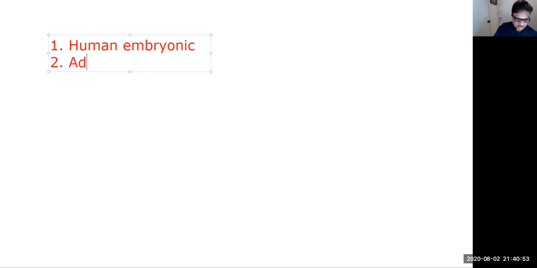So now I would like to shift gears. Stem cells are those cells which can give rise to a tissue or an organ. Some types of stem cells are human embryonic stem cells. Then there are adult stem cells.